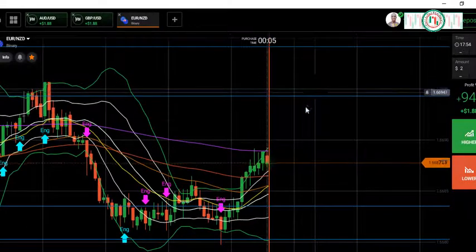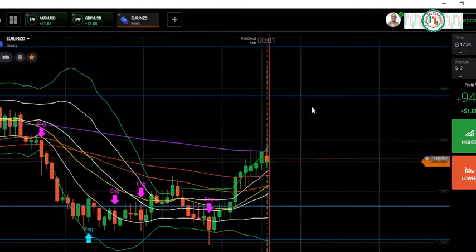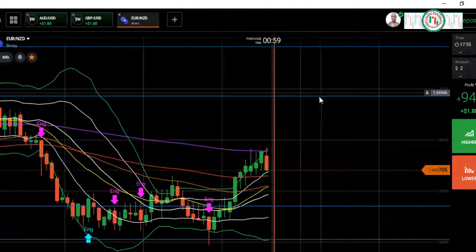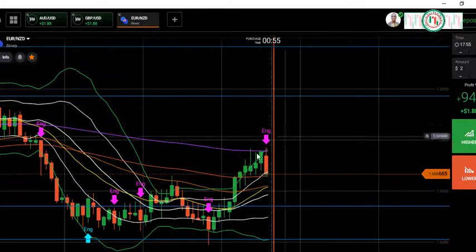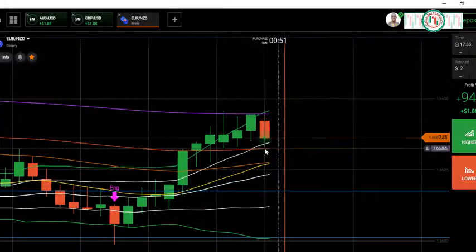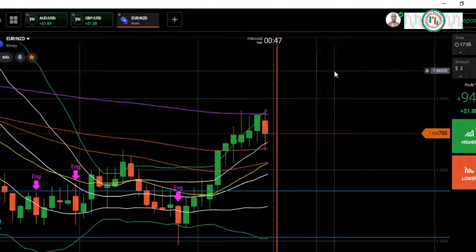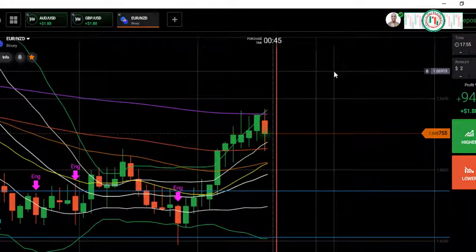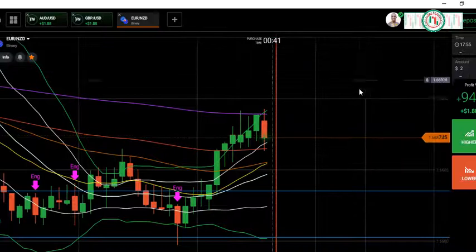So here you can see momentum. Here is also a consolidation area between 100 and 200 EMA. This is the consolidation area.